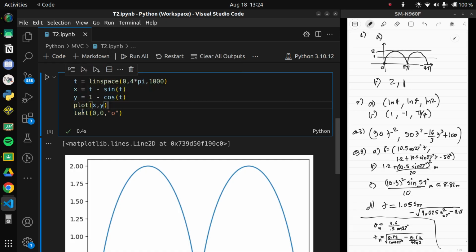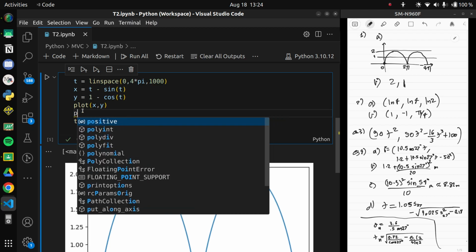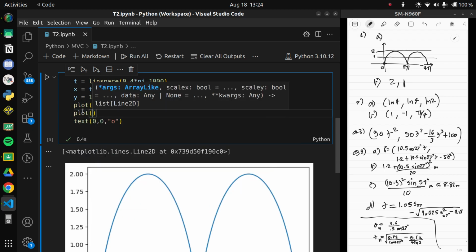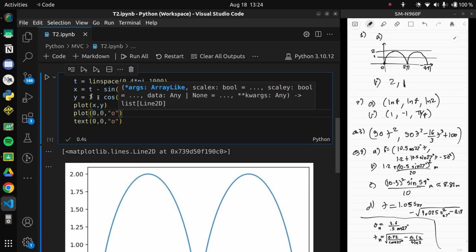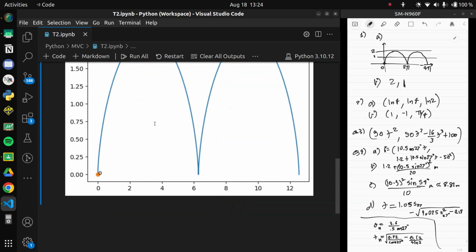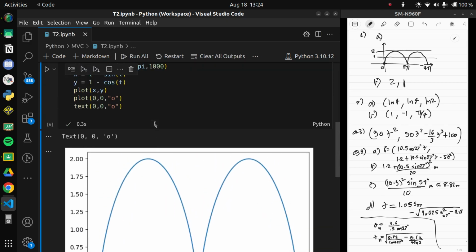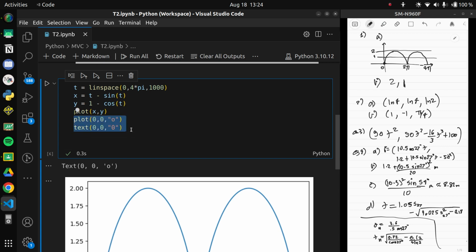Sure. And I can also make the point itself, not the point, the plot. Plot 0 comma. Let's see what that does. Yeah, sure. That is exactly what I wanted to do. So instead I'll just write 0. Okay, cool.